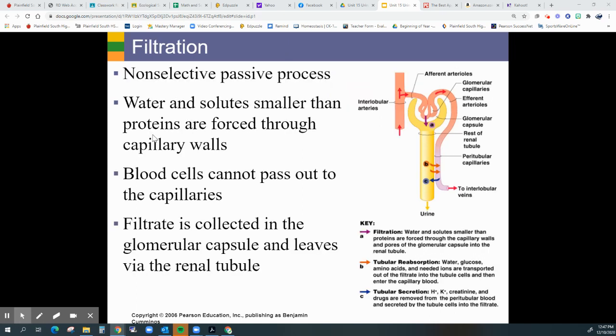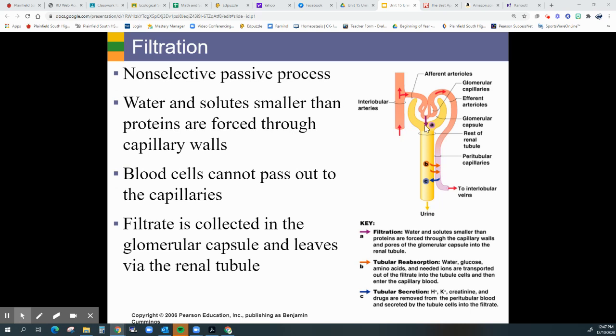This is our only non-selective process, which is also passive. What actually happens here is water and some solutes, so things that are dissolved in the water that are smaller than proteins, can actually be forced through the capillary walls. So when we look at this diagram over here to the right-hand side, you see blood's coming in this way, and then blood is going to take an offshoot through this glomerulus inside of that Bowman's capsule.